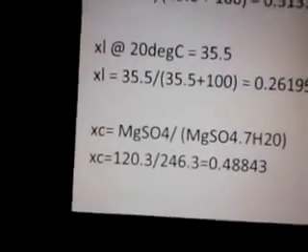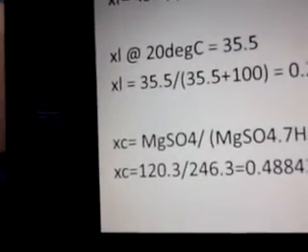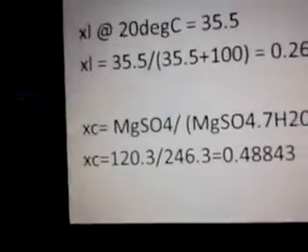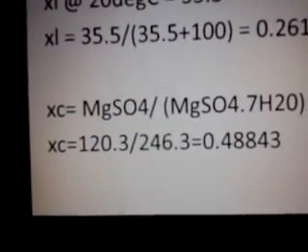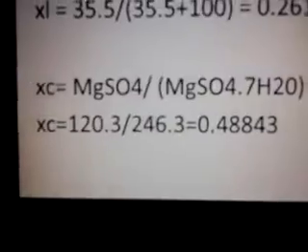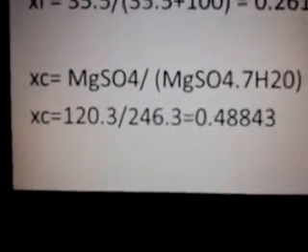Then next is solving for XC. XC is just the composition of the hydrate. It is just anhydrous over the hydrate. So MgSO4 over the crystal form, which is MgSO4 7H2O.